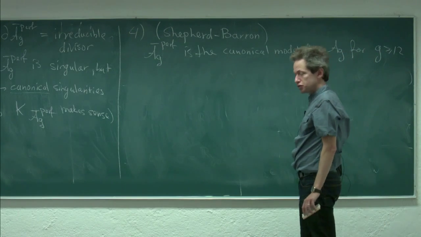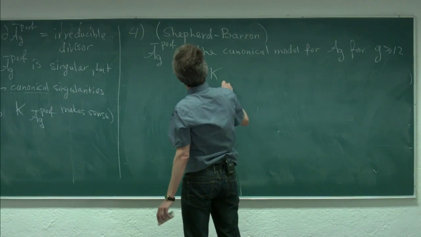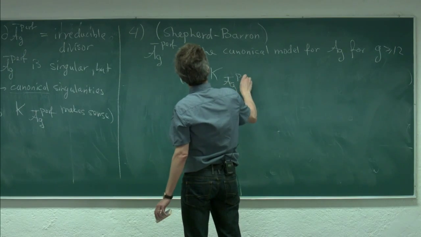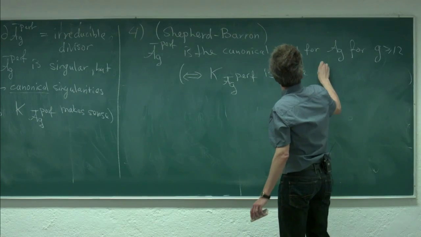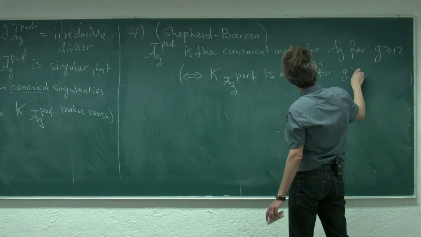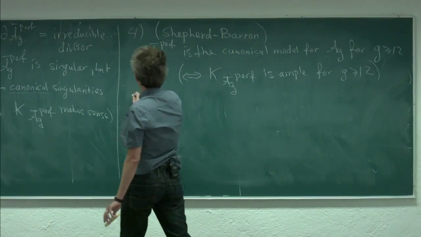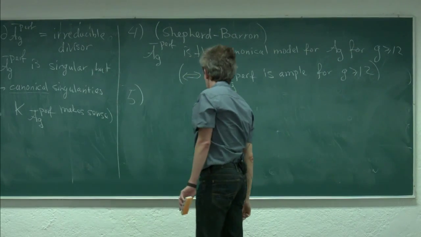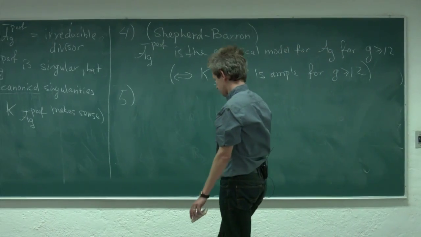So canonical model in terms of the minimal model program, and what this means really is that he proves that the canonical class is ample for G at least 12. Okay. So this is somehow a natural compactification for the minimal model program.